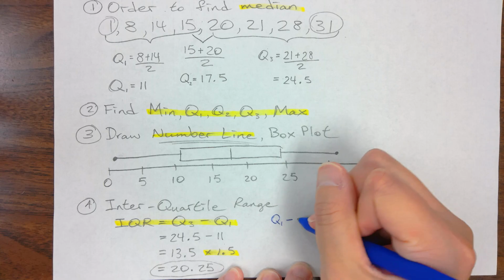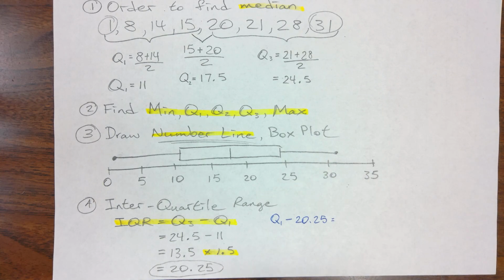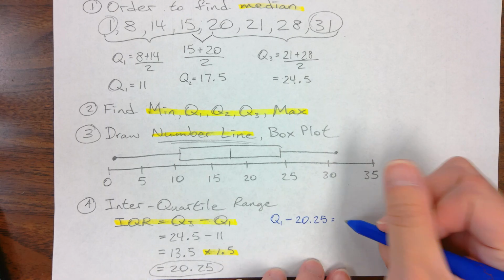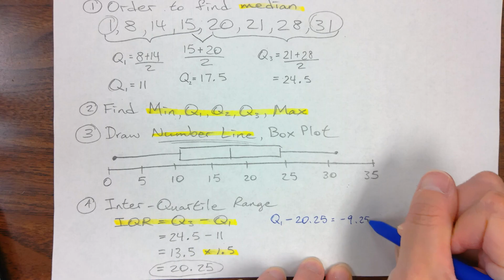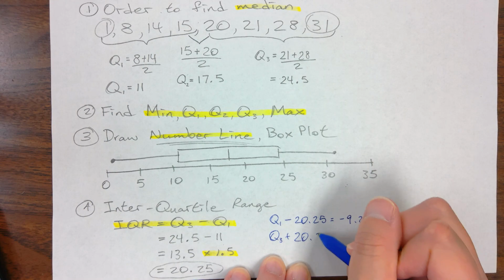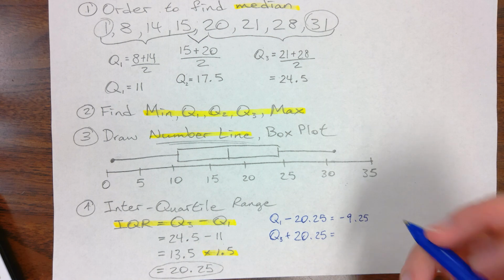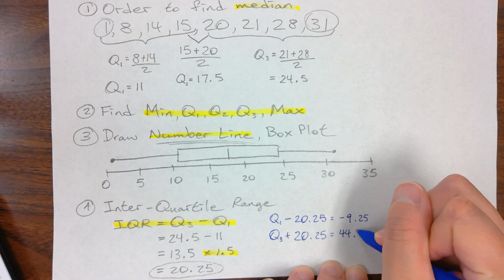Q1 minus 20.25: 11 minus 20.25, you get negative 9.25. Q3 plus 20.25: 24.5 plus 20.25, you get 44.75.